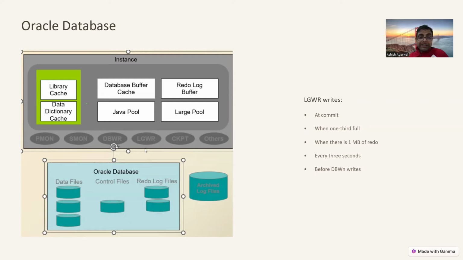But because the request was already sent by the application, the data was written from the database buffer cache to the redo log buffer, and internally to the redo log file. So in the redo log file, that information was already present.